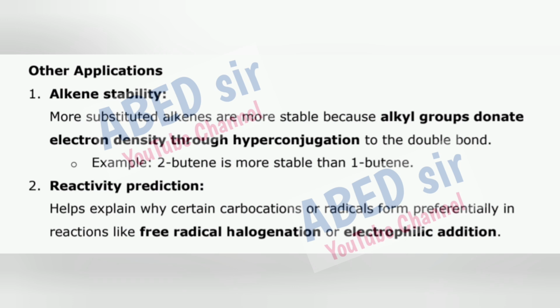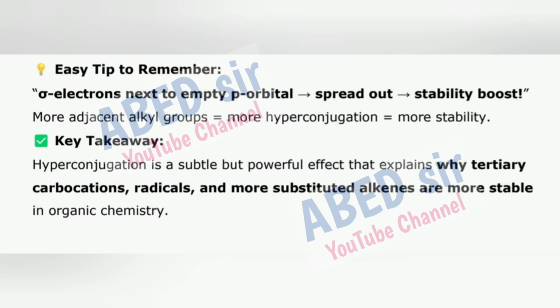It helps explain why certain carbocations or radicals form preferentially in reactions like free radical halogenation or electrophilic addition. Easy tip to remember: sigma electrons next to an empty p orbital spread out, giving a stability boost. More adjacent alkyl groups means more hyperconjugation, which means more stability.